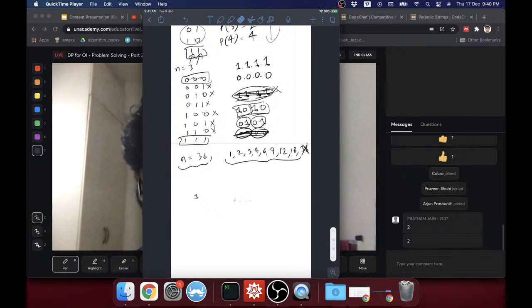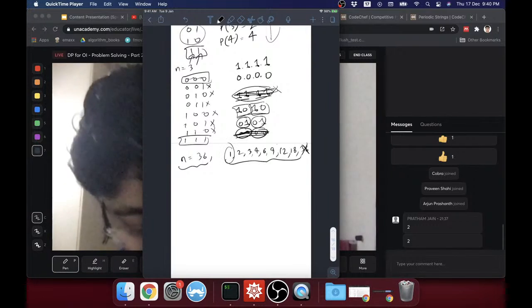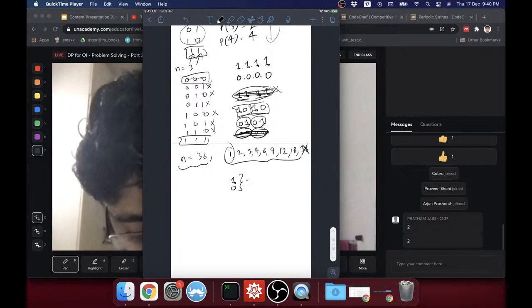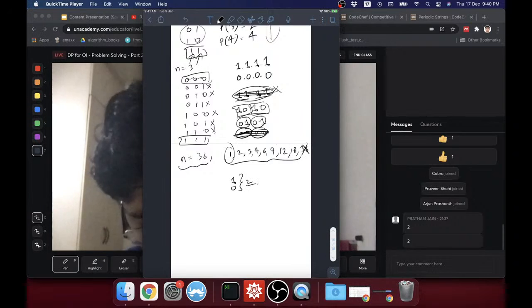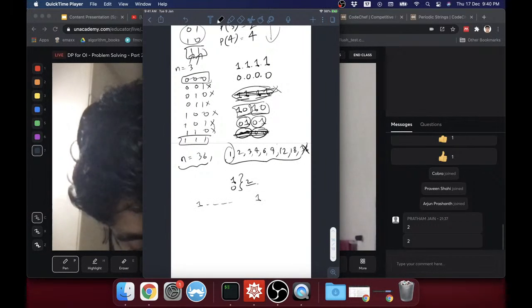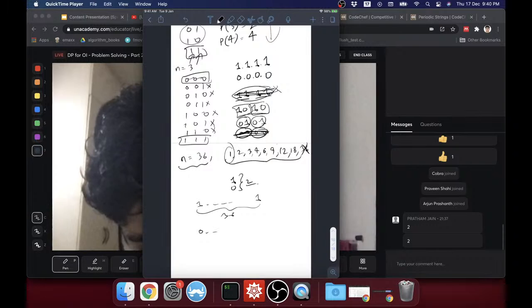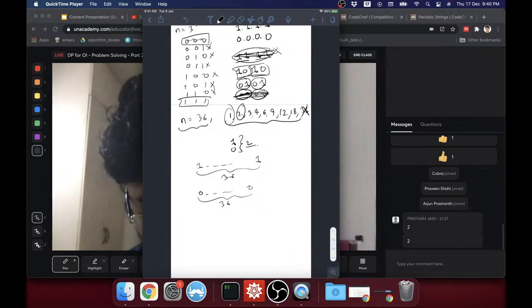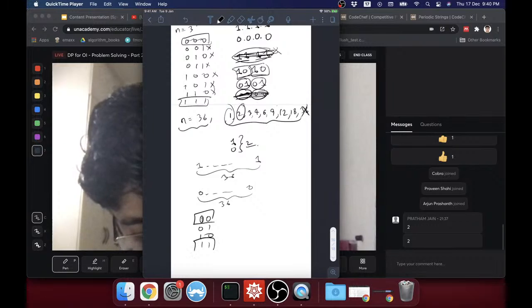But you have some overcounting issues happening. If you think about all the strings of length 1, you have 1 and 0, so you have 2 strings. So you have 2 ways, one of them is 1 repeated 36 times, and the other one is 0 repeated 36 times. When you think of length 2, you have 00, 01, 10, 11, but you're really not interested in 00 and 11.